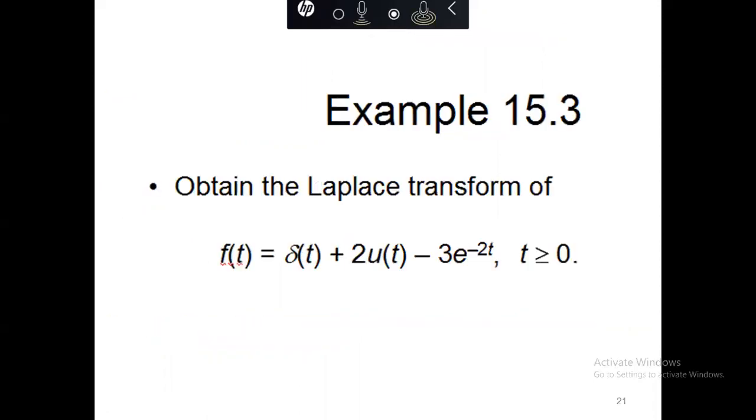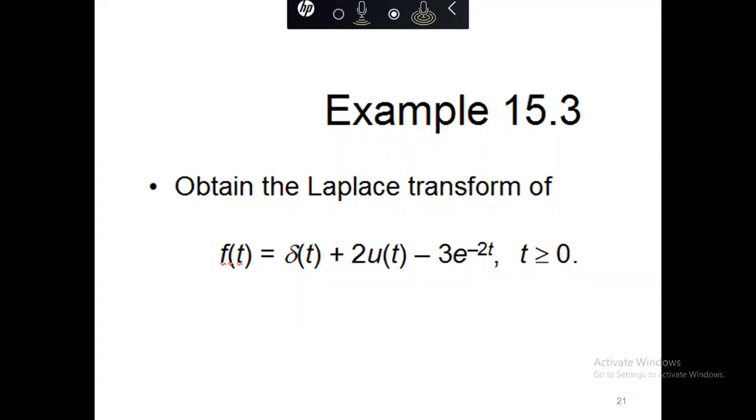So we have to find the Laplace transform of this function. Which property will we use? Definitely linearity, because this is f1 of t, f2 of t and f3 of t. And we will take the Laplace transform f1 of s, f2 of s and f3 of s, and then scale up by the same factor as they are scaled.